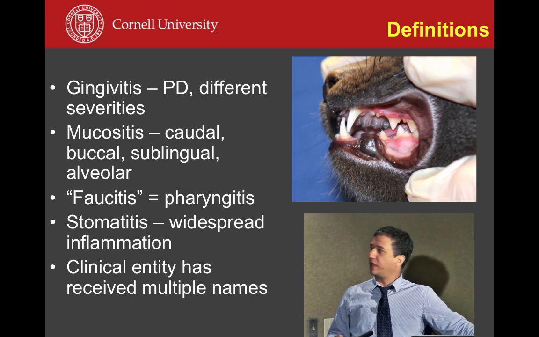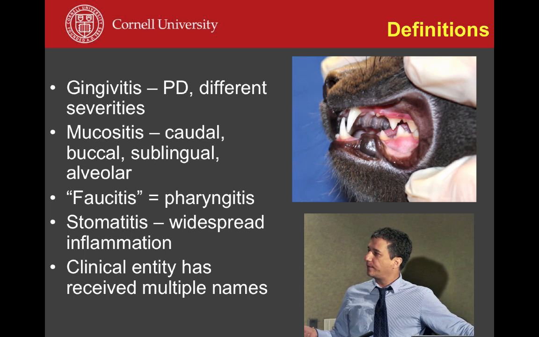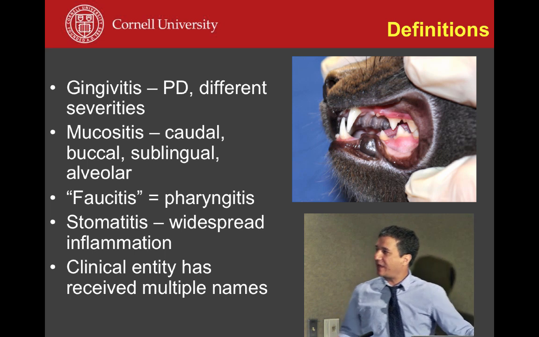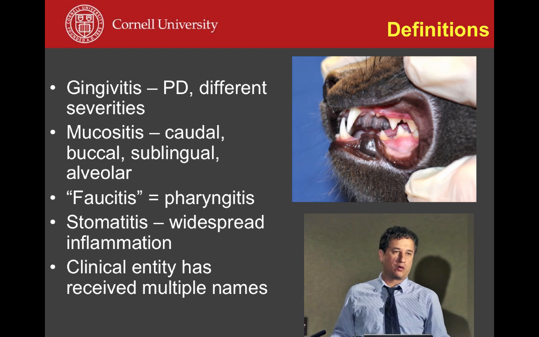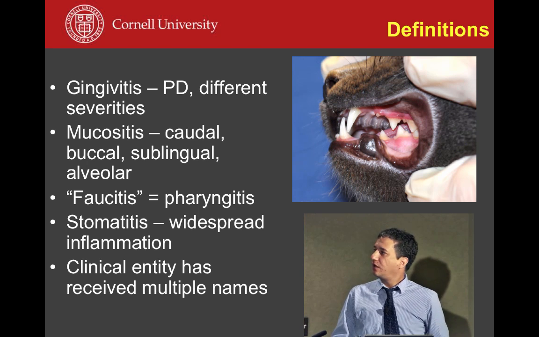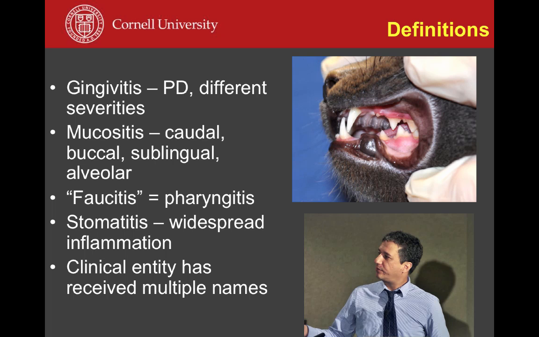It's received multiple names, but they all typically refer to widespread inflammation in the oral cavity that is of a chronic duration. And the other important aspect of this clinical entity is that typically there's inflammation in the so-called caudal oral mucosa. So it's almost like a hallmark of the disease is inflammation back here.